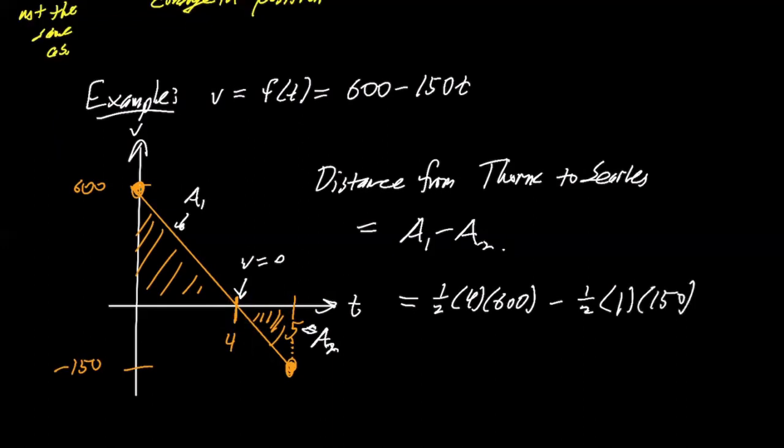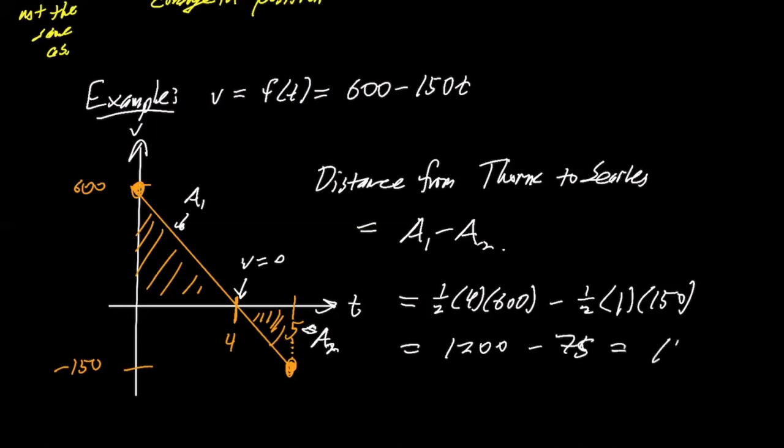In some ways, you could just think of the negative sign as the negative height, but you can think about it either way. You just have to be careful. Normally we're so used to thinking of areas as positive that I'm writing it down this way. So you get 1200 there, half of 2400, minus 75, half of 150.